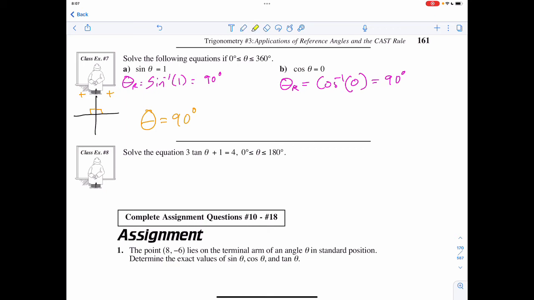But 0 is actually neither a positive nor a negative number. Positive 0 and negative 0 are the same thing.